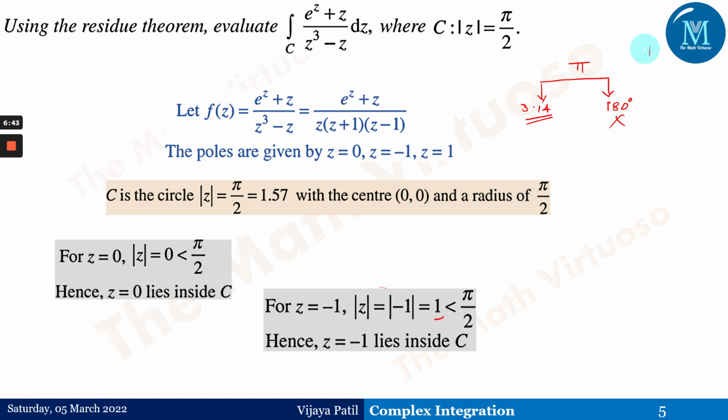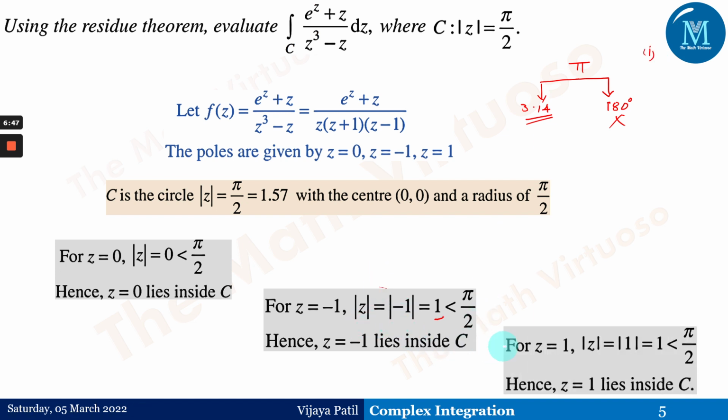Please follow the i button to reach that particular session. And for z equals 1 also, this is less than pi by 2, that is less than 1.57. That means all these three points, 0, minus 1 and 1, are lying inside the circle, and all of them are simple poles.